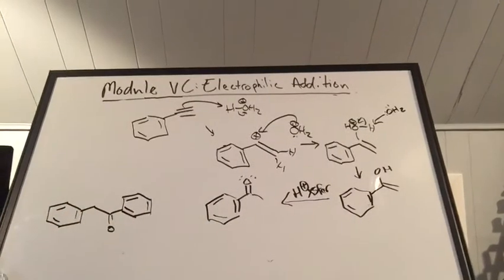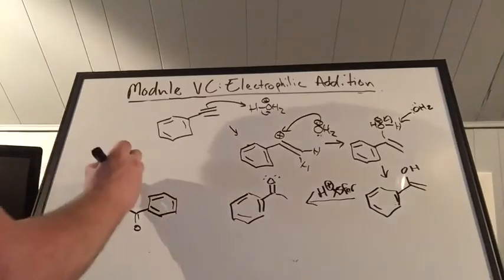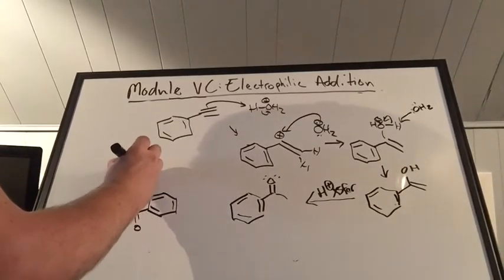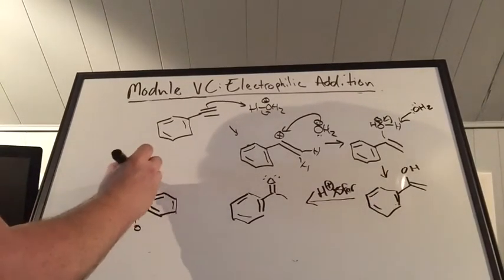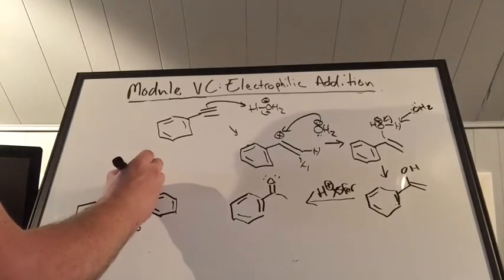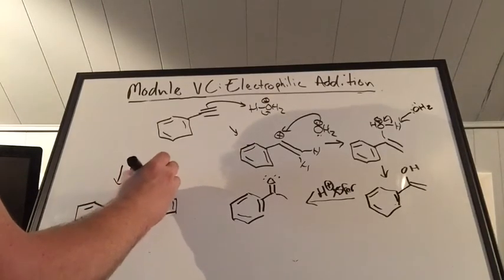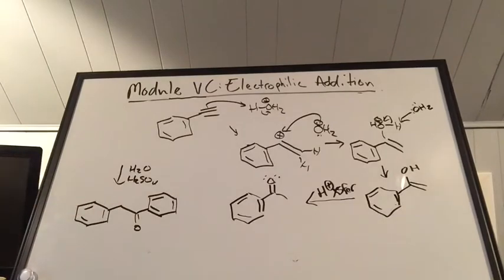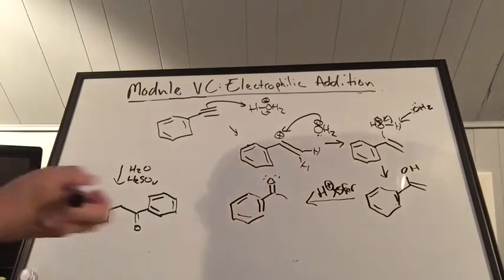So an alkyne has to be here in order for this ketone to form.